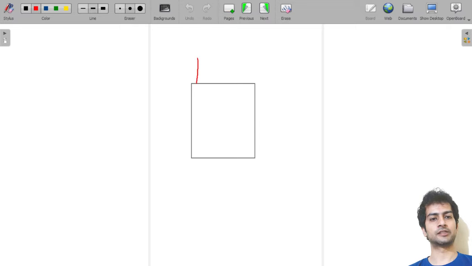Here we will generally have an enable pin. Here we will have a read pin if it is ROM, and here we will also have a write pin if it is RAM.